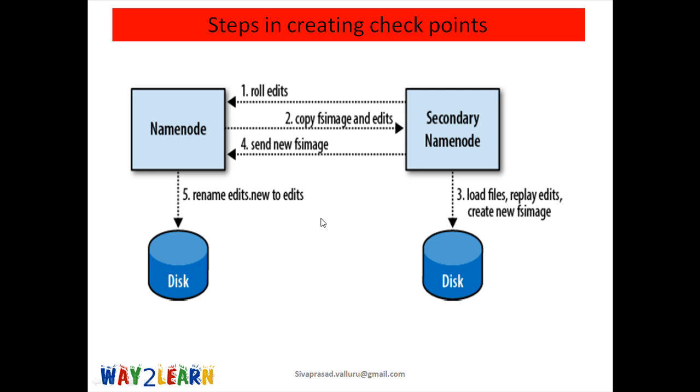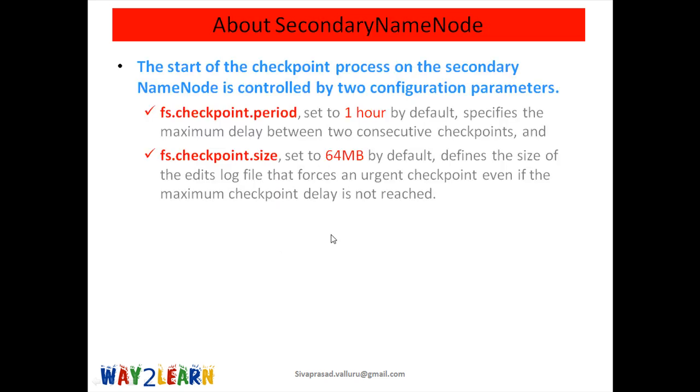So that is the same thing which I am showing you in my diagram. And about the secondary name node, one more interesting thing. The start of the checkpoint process on the secondary name node is controlled by two configuration parameters. One is fs.checkpoint.period. This is a property which we have to configure inside hdfs-site.xml.